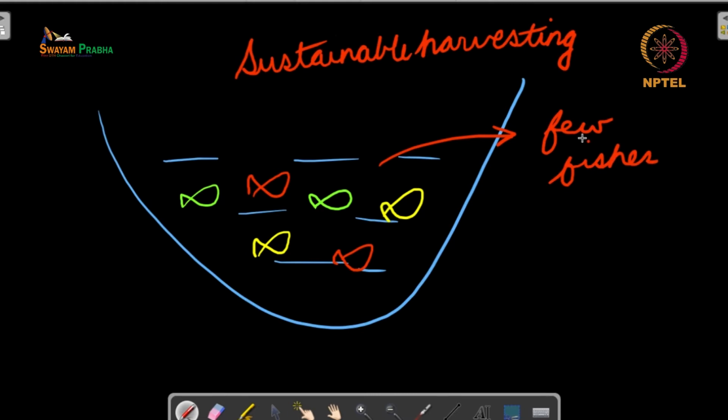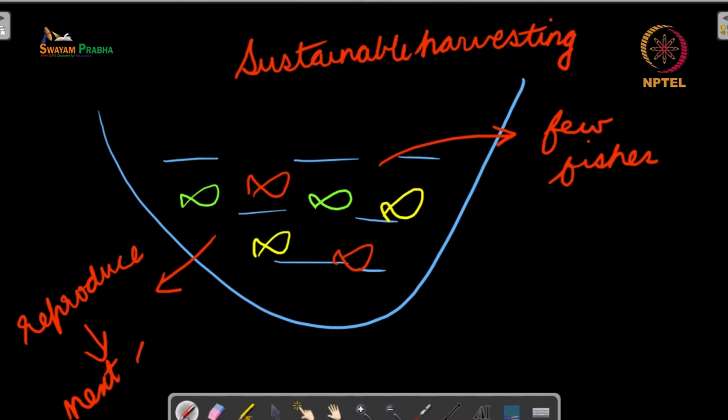And typically those fishes that have already grown in size, those fishes that have already become very aged. And if we take out those few fishes and consume them, then the other fishes that remain in the pond will be able to reproduce.